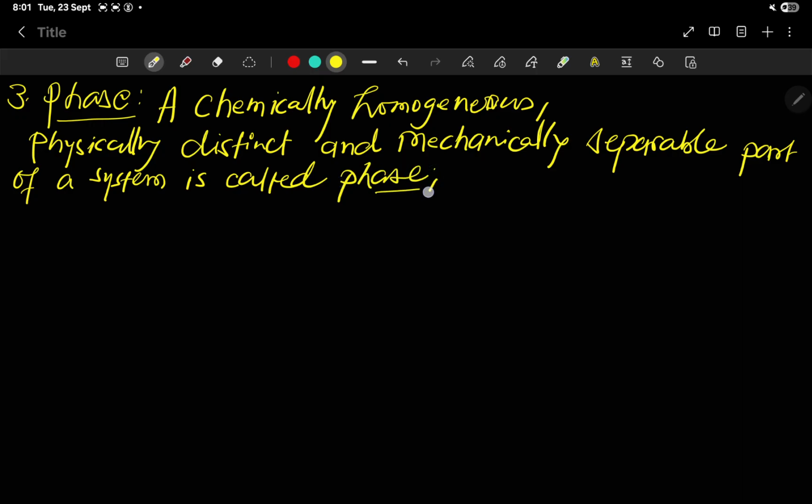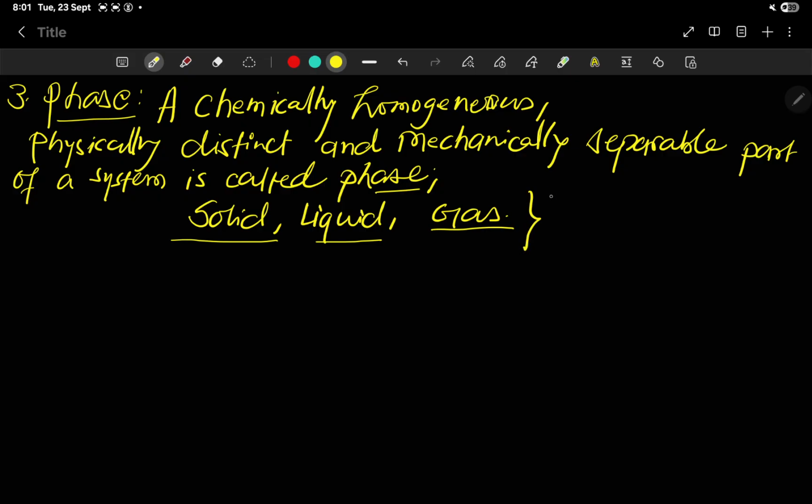In the first page we have learned that solid, liquid, and gas are three different phases of matter.